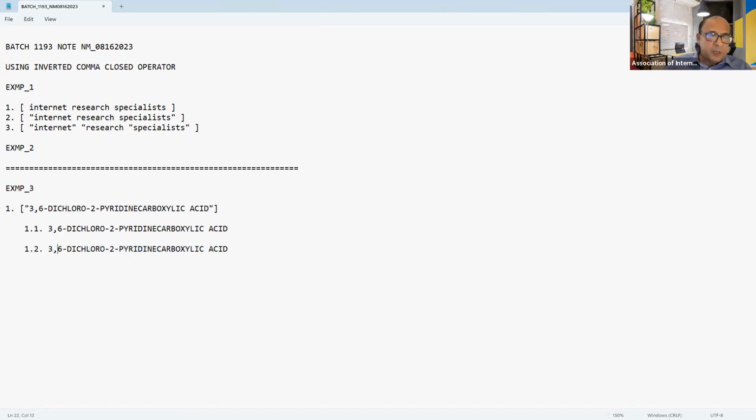And supposing I had used something where the 3 is separated from the comma, then the comma is a stop word and it will not be recognized and it will be dropped totally. The query will start from 6 onwards.